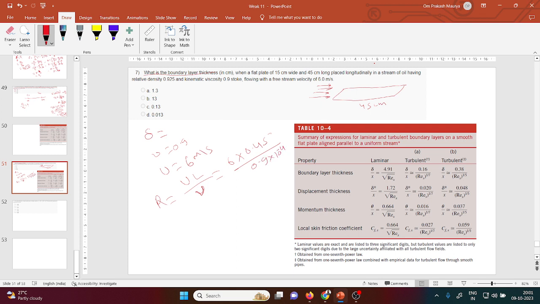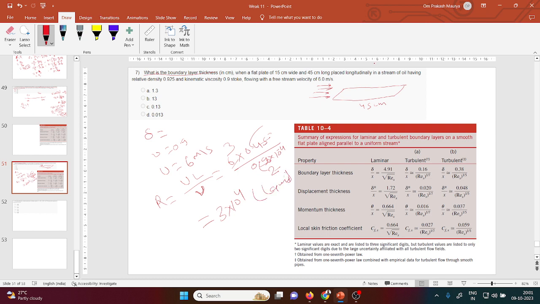We have put all things in meters, right? If you calculate these things, you will get 2.3 into 10 to the power 4. That is your laminar condition, right?